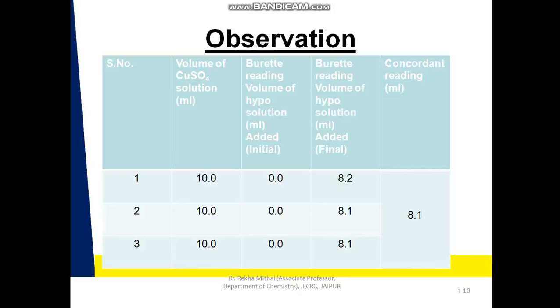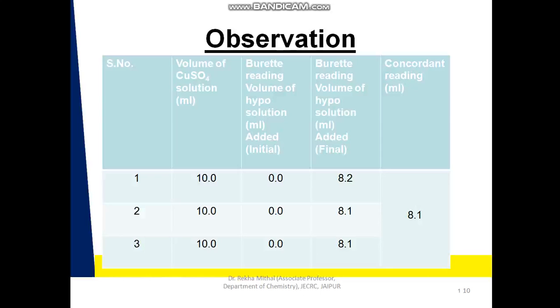This is the initial reading, the other column shows the final reading, and the last column is the concordant reading, that is the same reading. When we continuously get the same reading, we write that in the concordant reading column. All the readings are in ml.